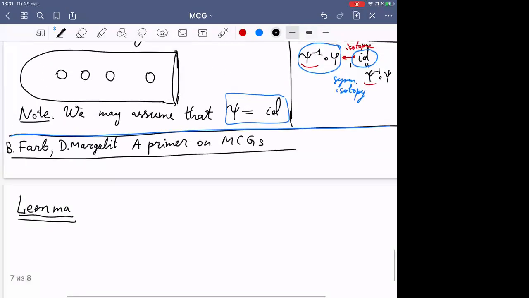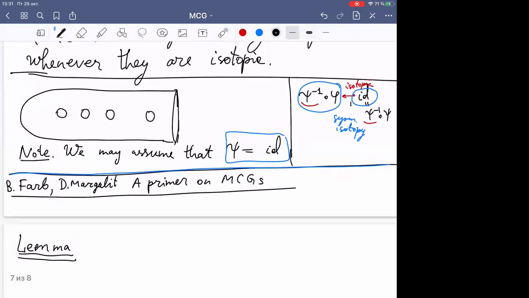And of course, this should work for symmetric homeomorphisms as well. But for symmetric homeomorphisms, it is natural to look at symmetric simple closed curves. What does it mean?